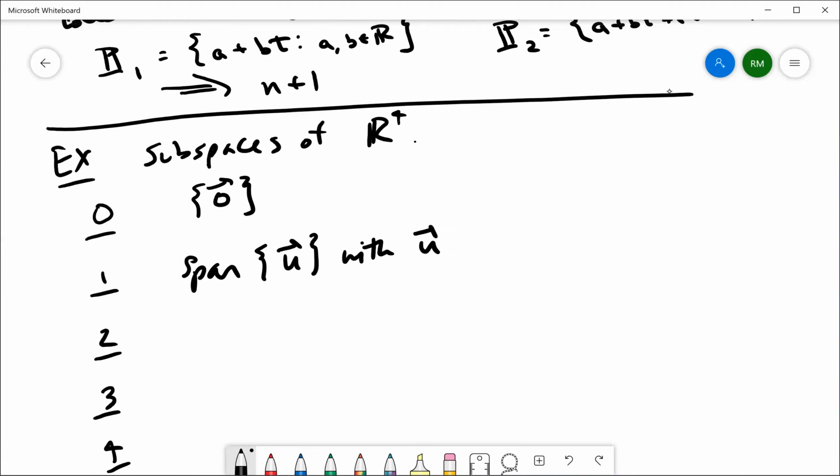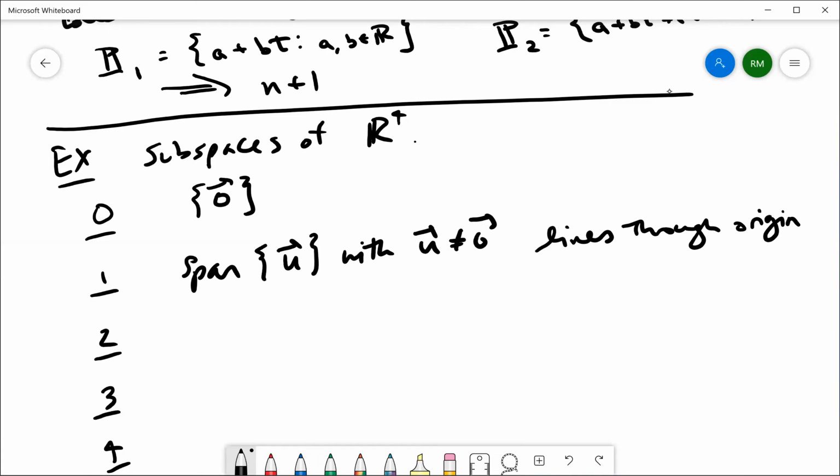So what's the shape of it? Well, lines through the origin. So that's one way to think of one-dimensional subspaces of R4. What do you think the two-dimensional subspaces are?